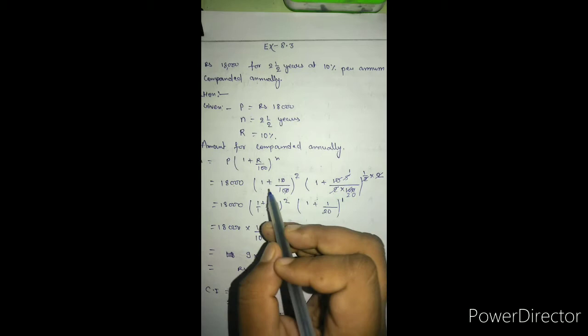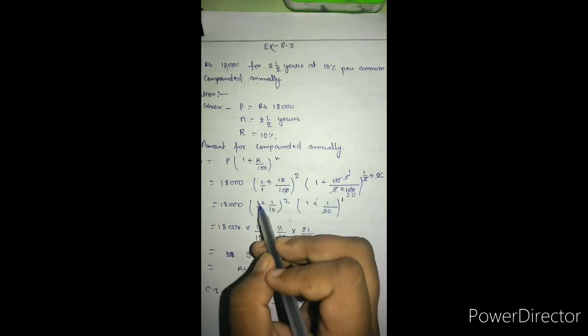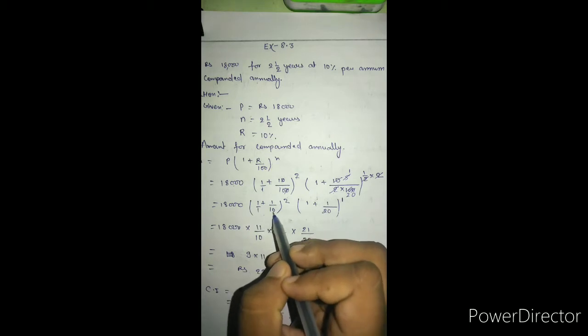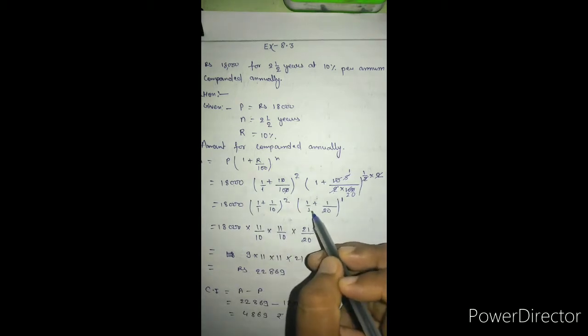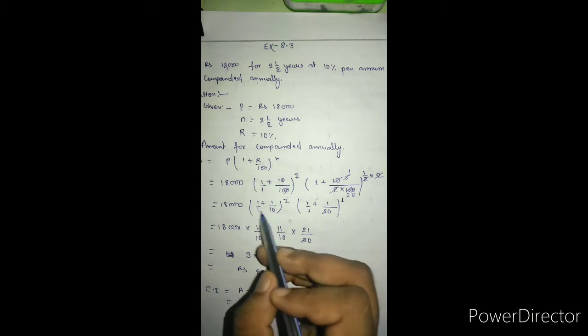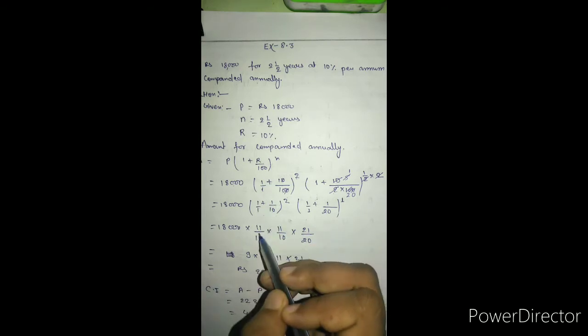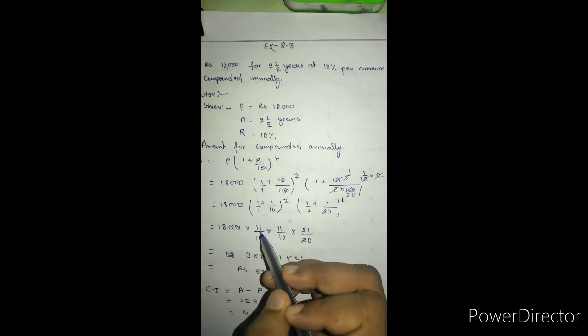Okay, now take the LCM, 1 plus 1 by 10 squared, and then put here 1 plus 1 by 20 to the power 1. Now when you take the LCM of 1 and 10, you will get 10, meaning when you add 1 plus 1 by 10, you will get 11 by 10.